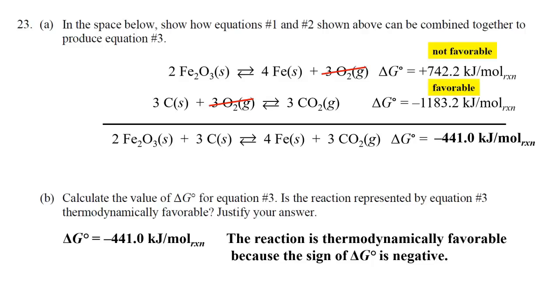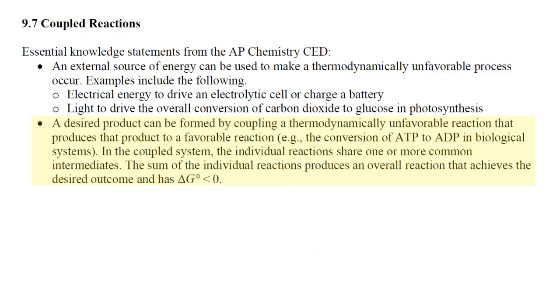So the combination of those two processes, the coupling of those reactions, produces an overall process that is favorable. So again, that is at the heart of that second essential knowledge statement for topic 9.7, that the sum of the individual reactions produces an overall reaction that achieves the desired outcome and has a negative delta G.